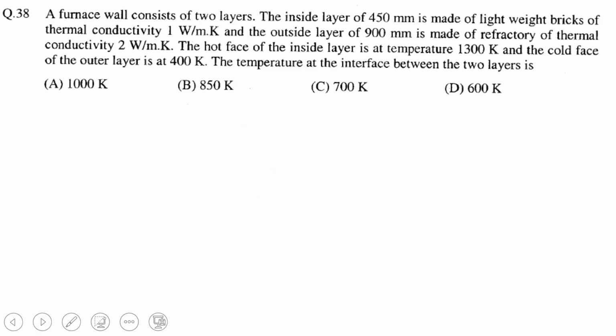Now let us move. A furnace wall consists of two layers. The inside layer of 450 mm is made of lightweight bricks of thermal conductivity 1 watt per meter Kelvin, and the outside layer of 900 mm is made of refractory of thermal conductivity 2 watt per meter Kelvin. The hot face of the inside layer is at a temperature of 1300 Kelvin and the cold face of the outer layer is at 400 Kelvin.